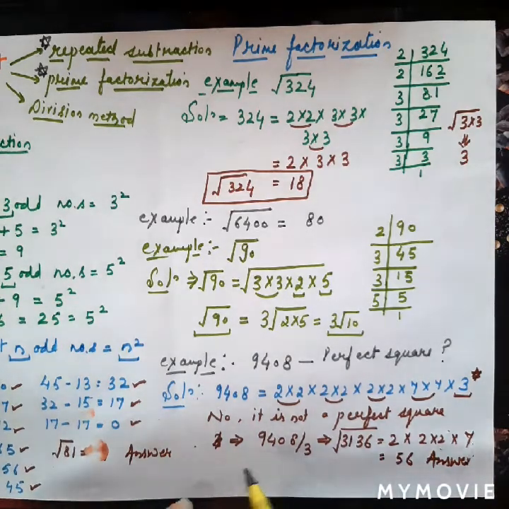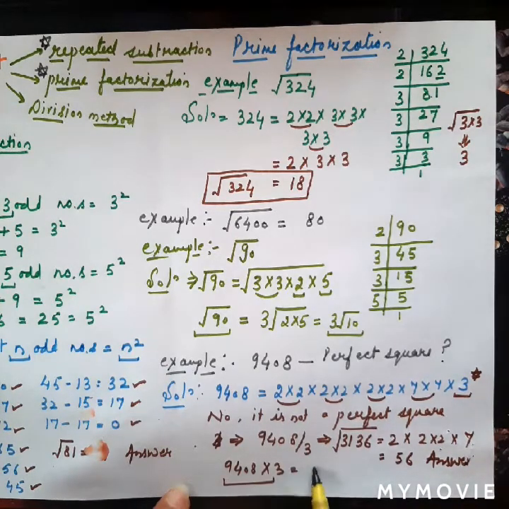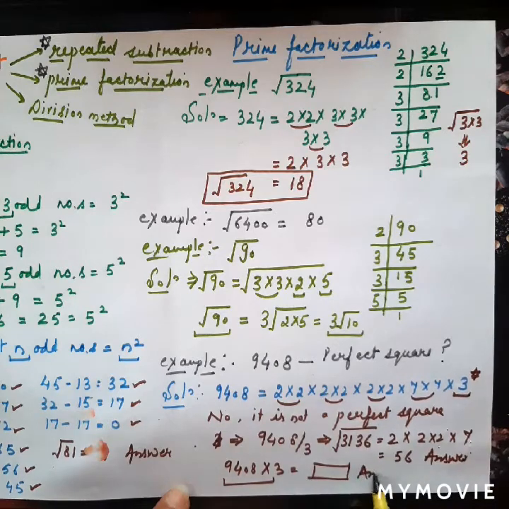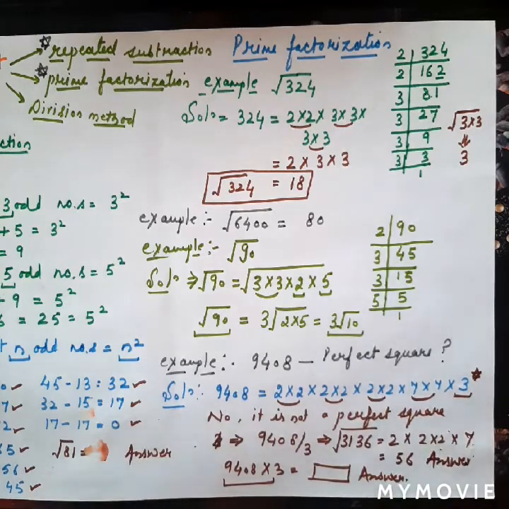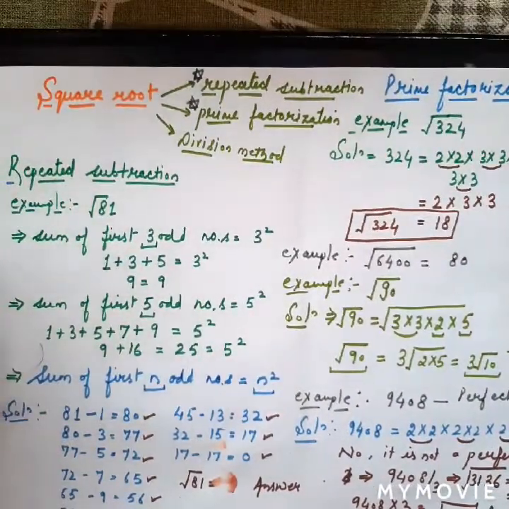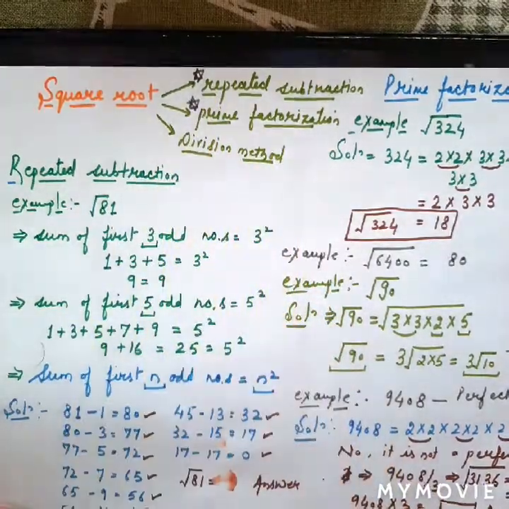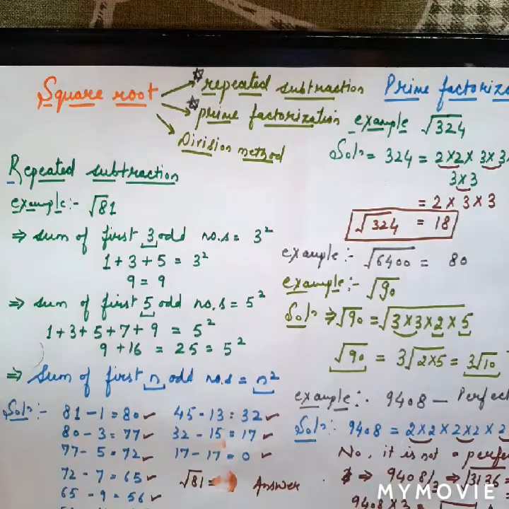In the same way, if we have to multiply, we will multiply 9408 with 3, and whatever answer we get will again be a perfect square, right? So I have explained how to find the square root of a number with the help of these two methods, and the next method I will cover in a separate video. Thank you so much for watching.